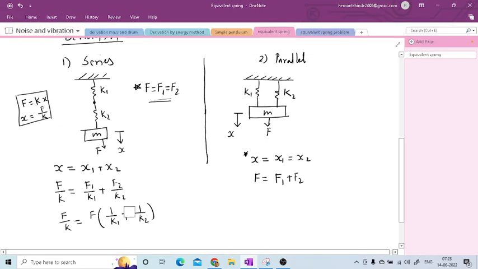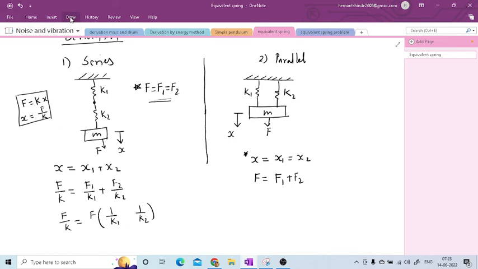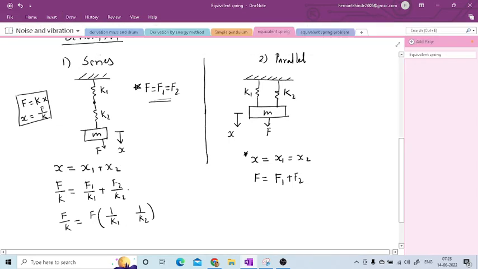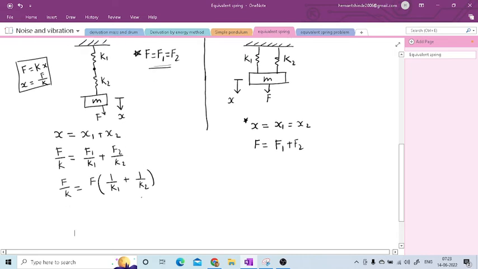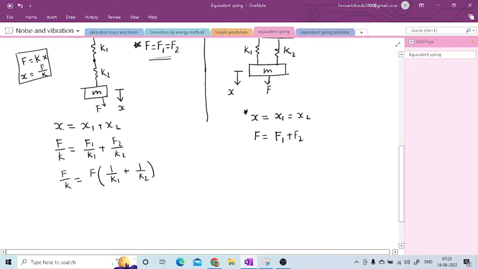Here we have a plus sign. Now the F that we have taken common will be cancelled from this equation. So 1 by K is equal to 1 by K1 plus 1 by K2. This is the formula for the equivalent spring.